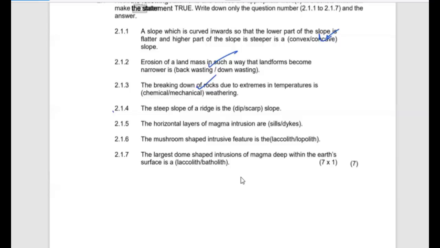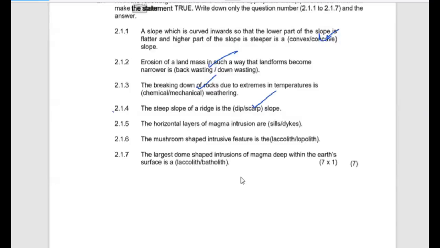Then chemical weathering is caused by mainly moisture reacting with minerals in the rocks such that they rot. Processes like oxidation are part of chemical weathering. Right. Then a steep slope of a ridge is the scarp. We have the scarp slope, then the dip slope on the other side.